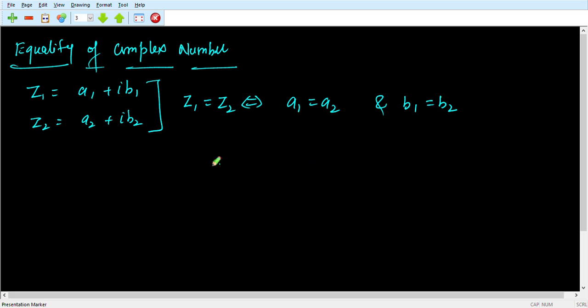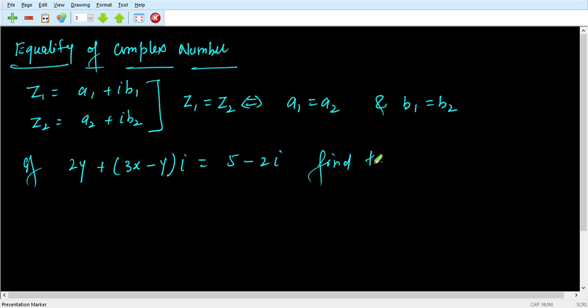For example, if 2y plus 3x minus y iota is equal to 5 minus 2 iota, find the value of x and y. So we should compare the real parts.